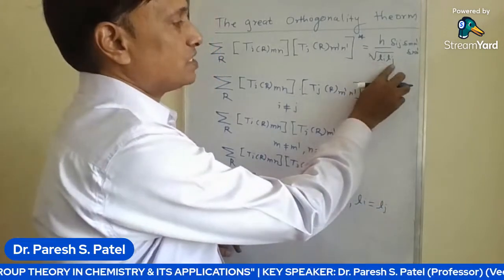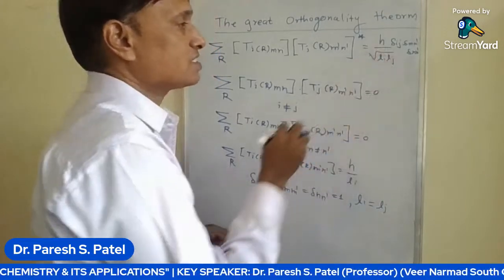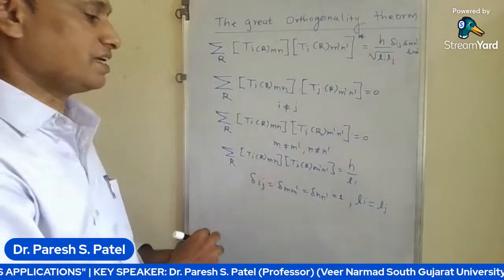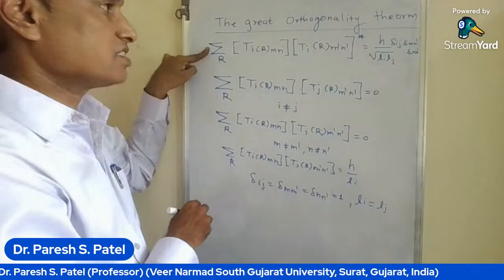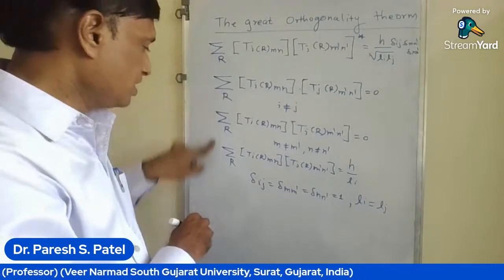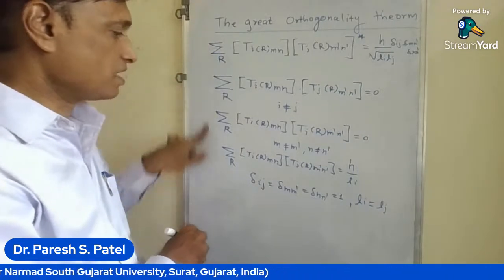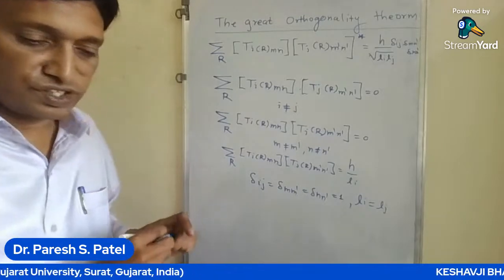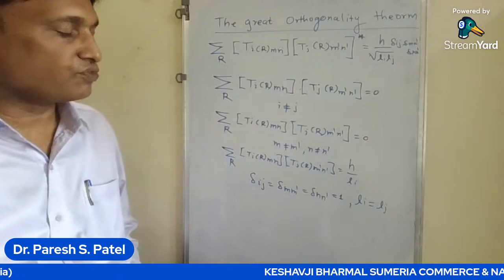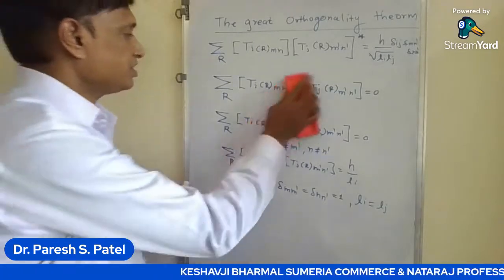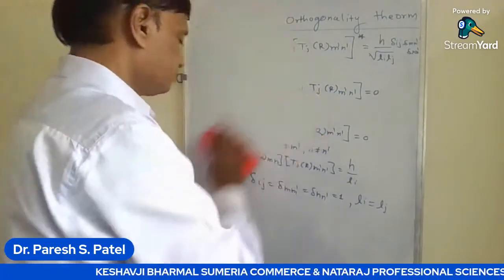If li is equal to lj, it should be the square root of li square, so it is equal to li. So this is the mathematical statement of the great orthogonality theorem, and these are its three sub-statements. With its help, we can derive 5 consequences of this theorem.